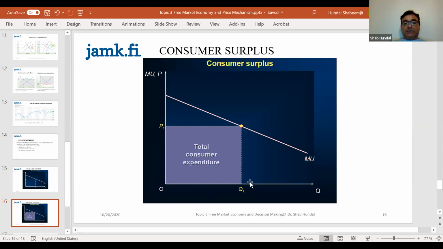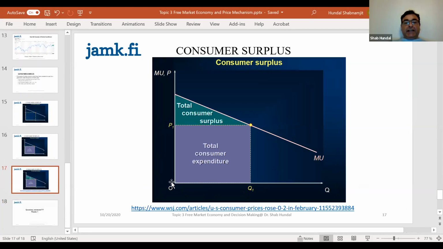So 5 shirts multiplied by 50 euros: your total consumer expenditure is 250 euros. The question is how much price you are willing to pay. Well, if I use mathematics and bring in the total area under the curve, then the total area under the curve when I buy 5 shirts is this much.